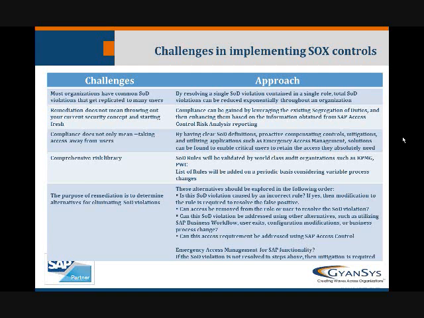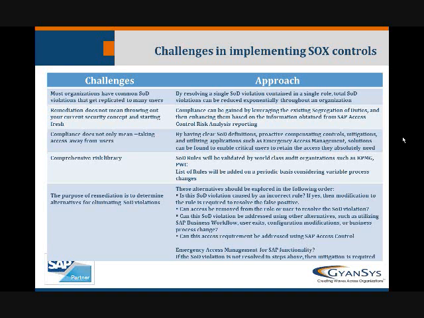Can this SOD violation be addressed using other alternatives? That is also one of the things which we need to look at. We have user exits, risk terminators, the small components of this application, and also business change, which we need to look at for this SOD violation to be addressed.